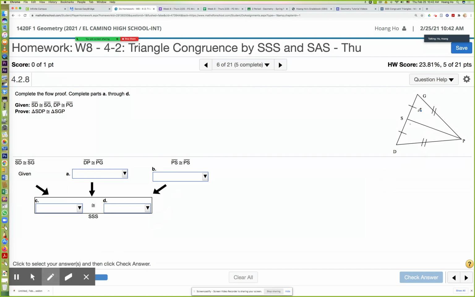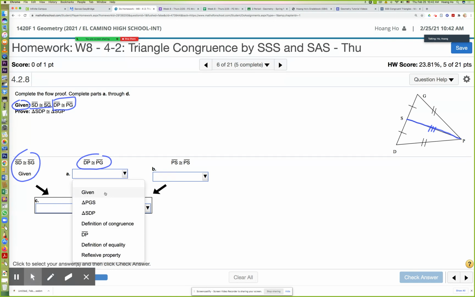These two triangles, do they share a common side right here? So they should be congruent by sides. First of all, over here, SD equal FG is given. Now, DP congruent to PG is right here, so that's also given. So I go over here, I choose the given reason.